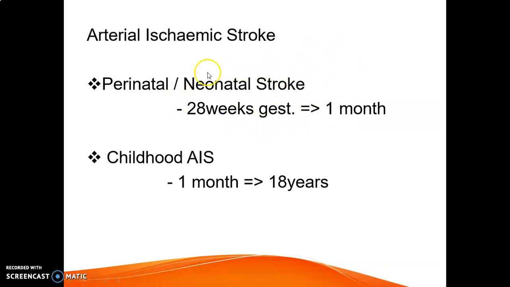So this is called perinatal, congenital or neonatal stroke. Childhood acute stroke is from 1 month to 18 years; below 1 month is neonatal. So arterial ischemic stroke between 1 month and 18 years is called childhood arterial ischemic stroke.